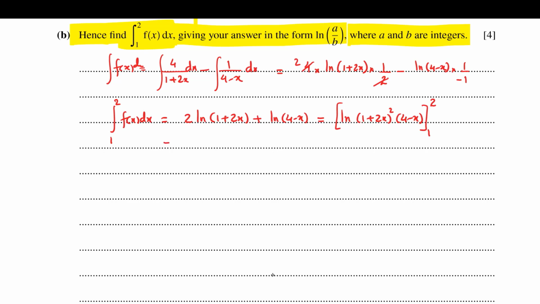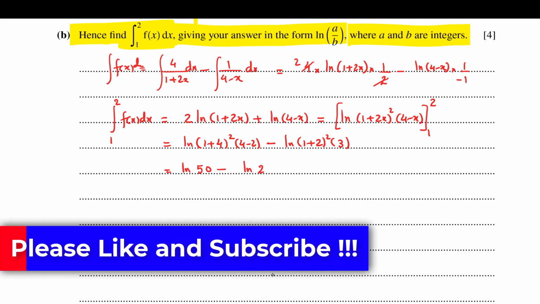So putting the limits, the upper limit is ln of (1 + 2 into 2, 4... 5) whole squared, times (4 − 2), minus the lower limit ln of (1 + 2 into 1, 3) whole squared, times (4 − 1) which is 3. So it is ln(25 into 2, 50) minus ln(3 squared, 9, times 3, 27).